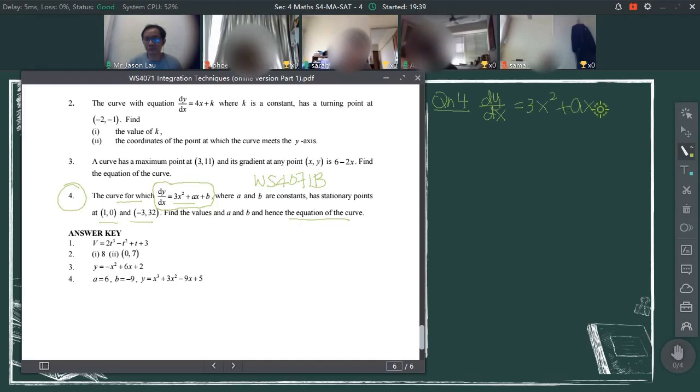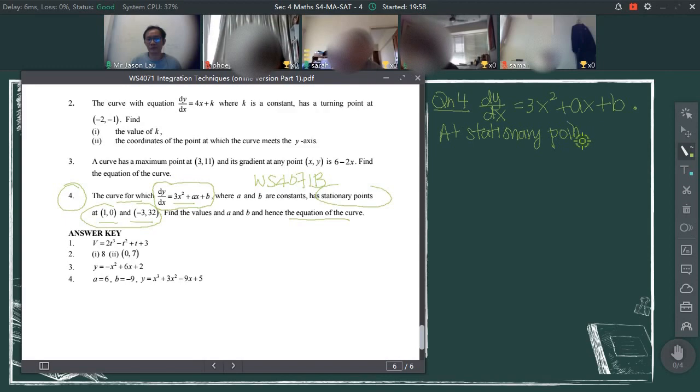Here, we take advantage of stationary points first. What do I mean? At a stationary point, dy/dx is 0.